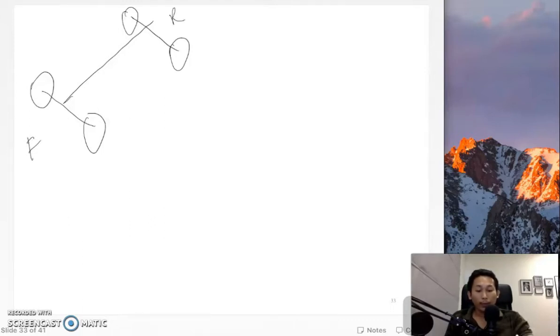For the wheels to move forward, the wheels will go like this. To move forward, the angular velocity is on this one. So this is our pointing finger.